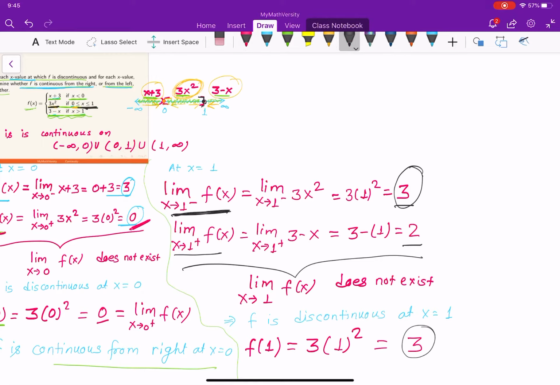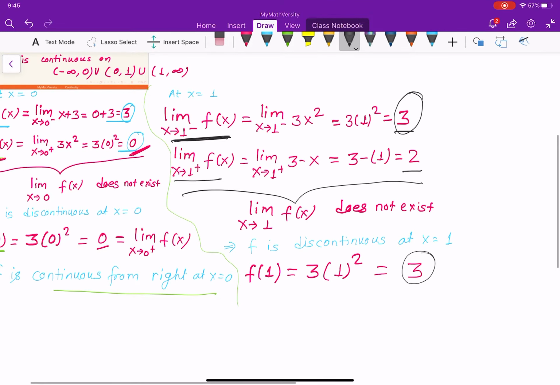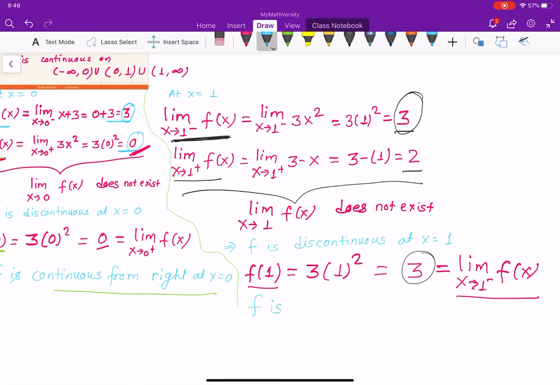The left side limit. So since the value of the function is equal to the left side limit at 1, we can say that although it is discontinuous, f is continuous from the left at x equal to 1.